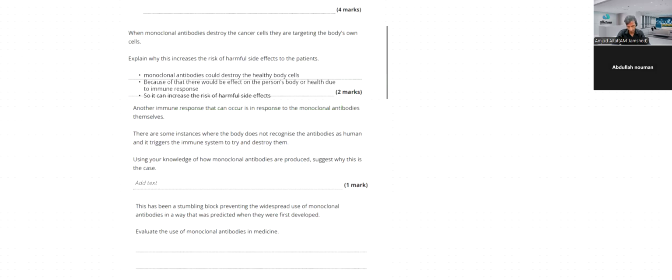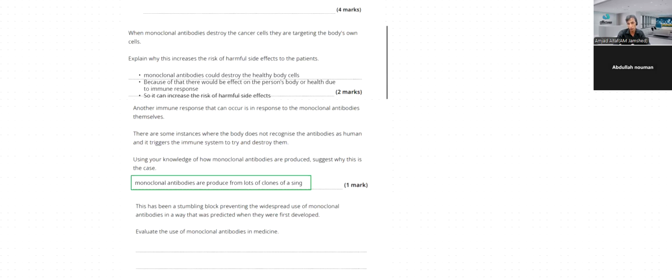Production of monoclonal antibodies from lots of clones of a white blood cell.